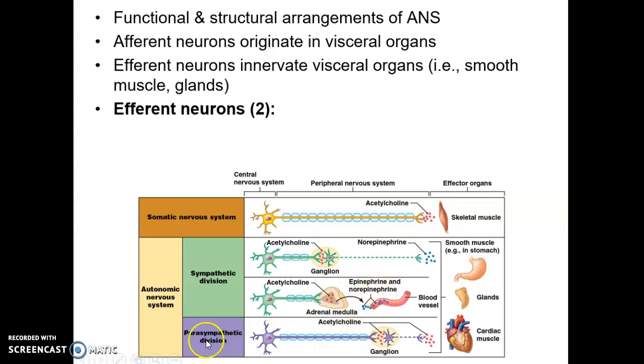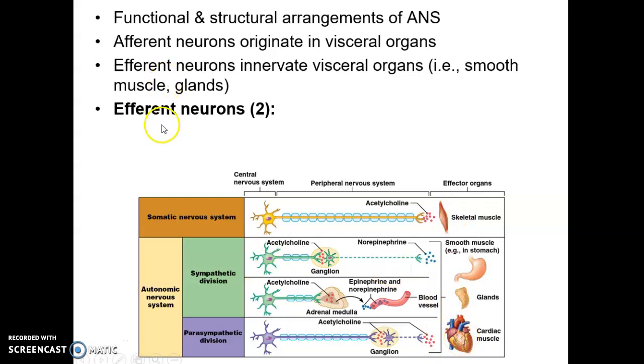And then in the parasympathetic division, we have the first efferent neuron. Just like in the others, their cell bodies are in the central nervous system. Then it synapses with the second efferent neuron that then releases its neurotransmitter, its chemicals, at the visceral organs. Okay?